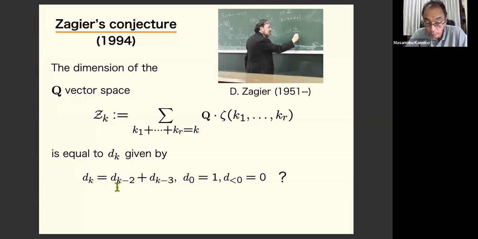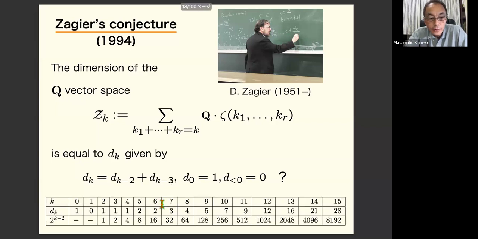Actually, this is called the Padovan sequence. This recurrence relation is a three-term recurrence: d_k equals the sum of 2 before and 3 before, d_{k-2} plus d_{k-3}. So I give you the table.